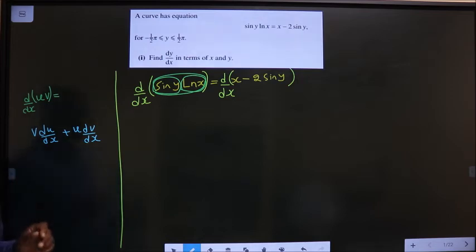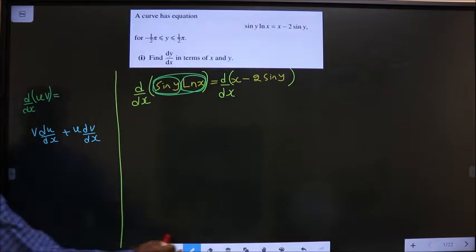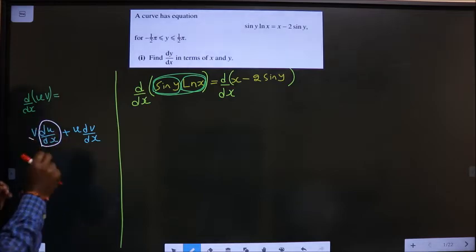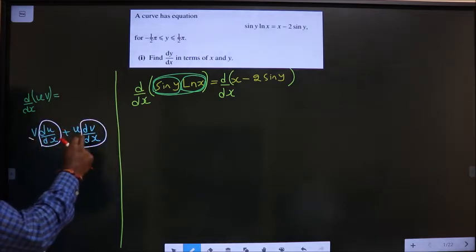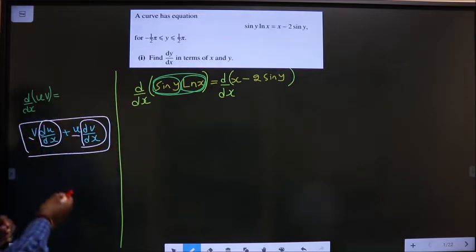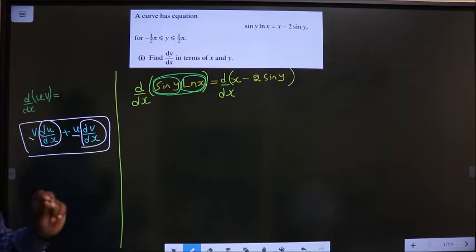How will you understand this formula? It means differentiate one at a time, starting with u. When you are differentiating u, v is outside. When you are differentiating v, u is outside. In other words, differentiate one at a time with a plus sign between them.